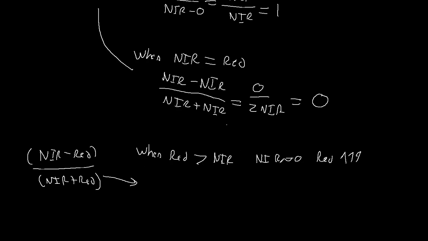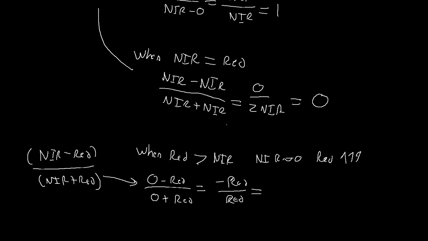Well, what happens when NIR goes to 0? We have 0 minus red over 0 plus red. So now this is going to become negative red over red.